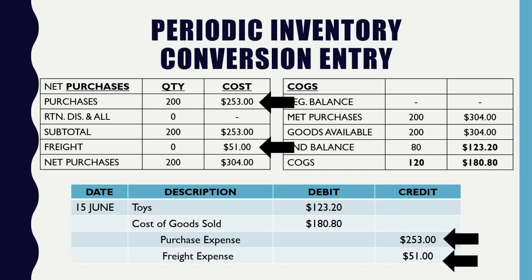Nope. Okay. So once again, we talked about the ending and the conversion entry here, and then we talked about the purchase price or the purchase expense and the freight expense, which we take directly from our inventory worksheet.